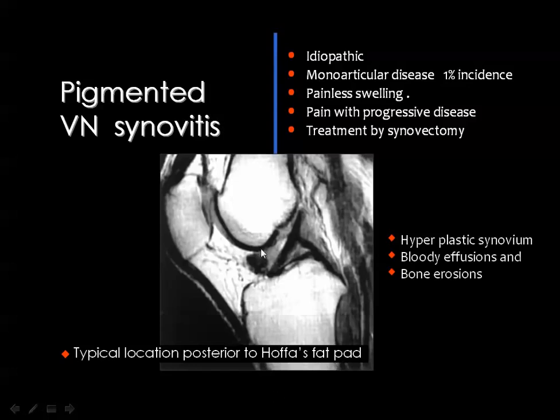This is almost a typical location of pigmented villonodular synovitis. You get hyperplastic synovium, and you get effusion, which may contain blood, and also in advanced cases you can see bone erosions.